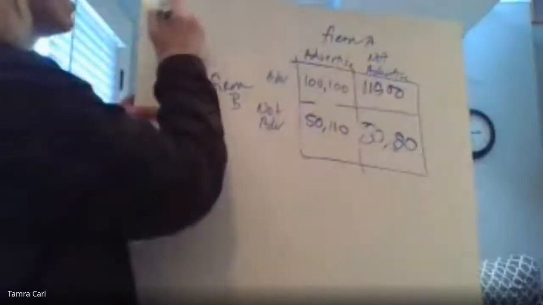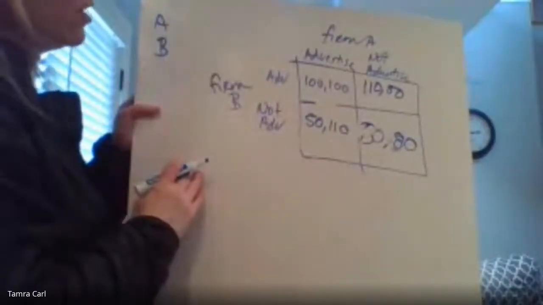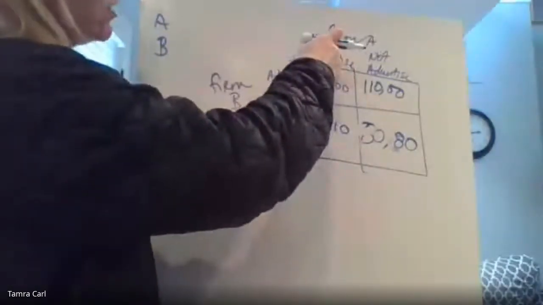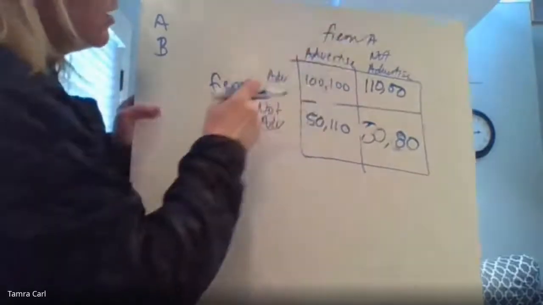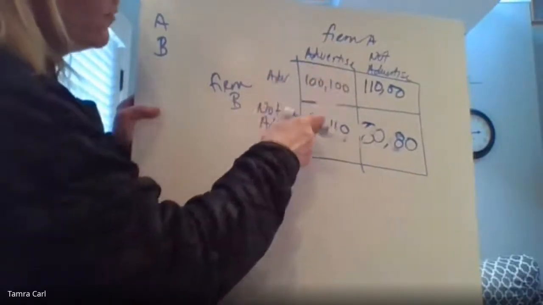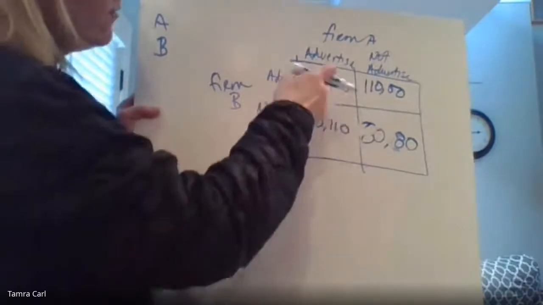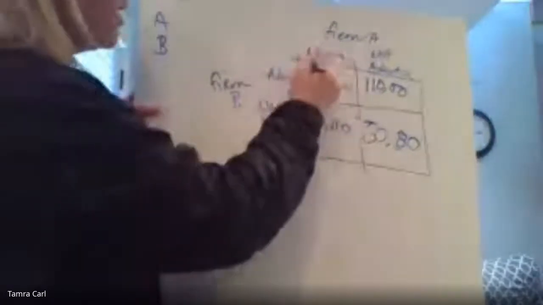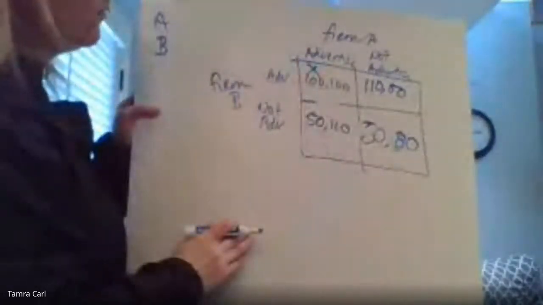And if I look at this trying to figure out if they have a dominant strategy or not, I have to go through and remember, do the X's in the box. So for firm A, if they choose to advertise, then is it better for firm B to advertise or not advertise? Well, obviously, and firm B's are always the numbers to the left, having a payoff of 100 is better than 50.